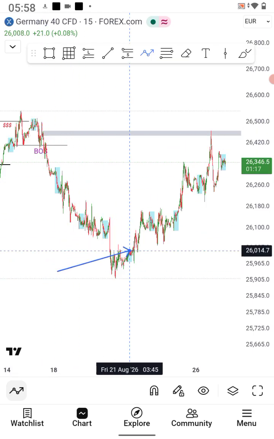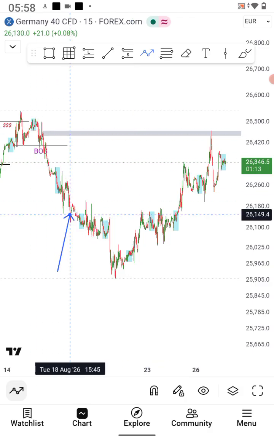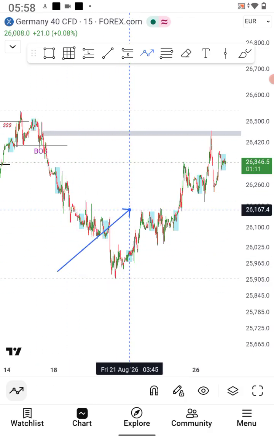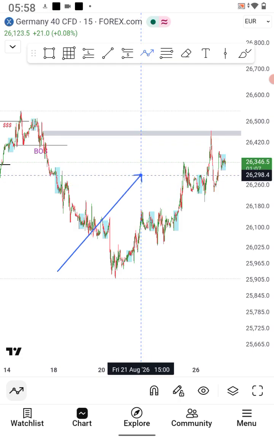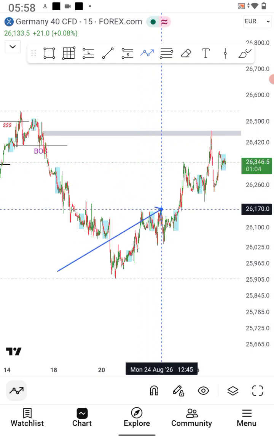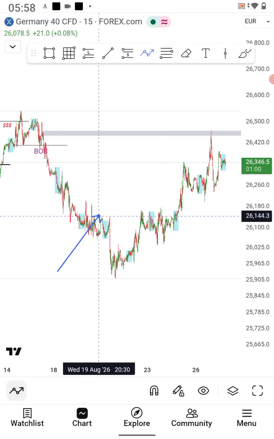It should have done a 50% half retracement of the whole range, the whole distance. It should have retraced into half of it to give a fake market structure shift. So we cannot take this as an inducement because it's not up to half of the retracement.